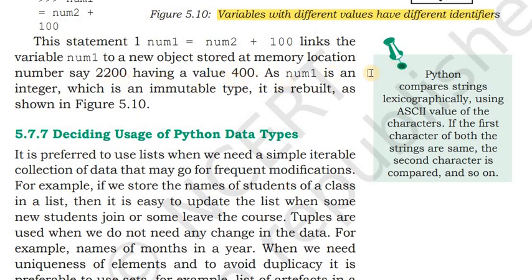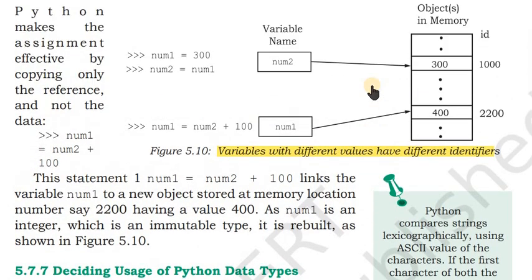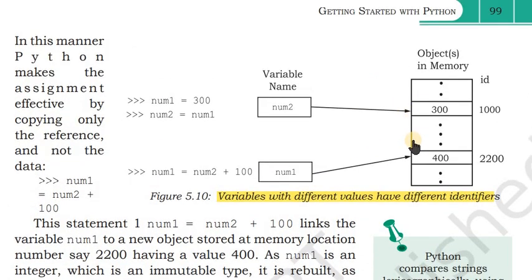As num1 is an integer, which is an immutable type, it is rebuilt as shown in figure 5.10. So students, here you understood that num1 was immutable because it was an integer data type.